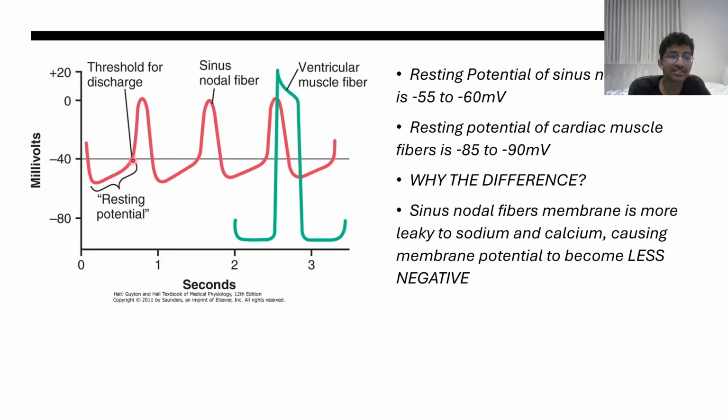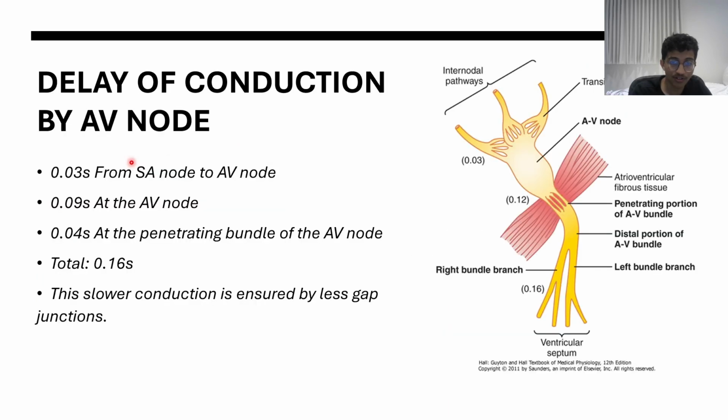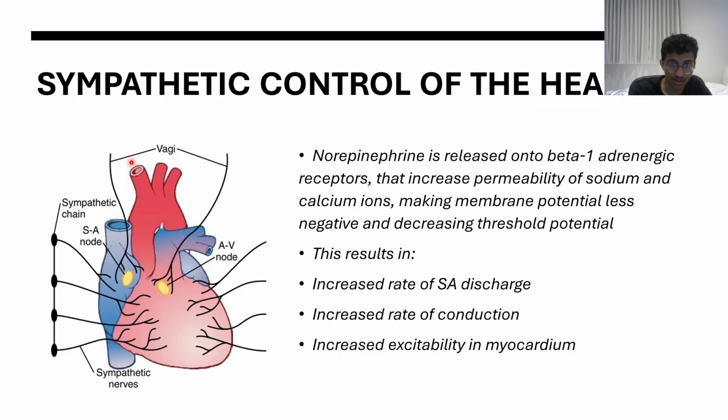It increases the excitability. You don't need that much influx anymore. So this allows for a few changes. Okay, it results in increased rate of SA discharge. More impulses are being generated by the SA node.